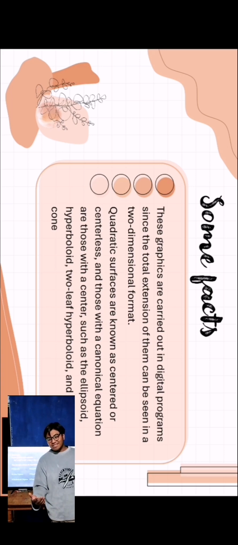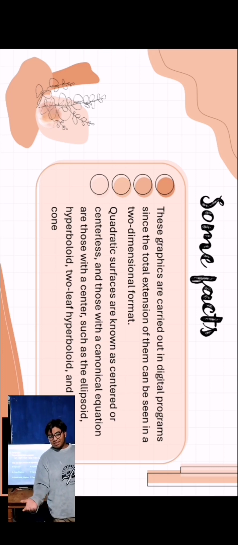Quadratic surfaces are either centered, having a center, or not. Those that have a canonical equation and a center are the ellipsoid, the hyperboloid of one sheet, the hyperboloid of two sheets and the elliptical cone.